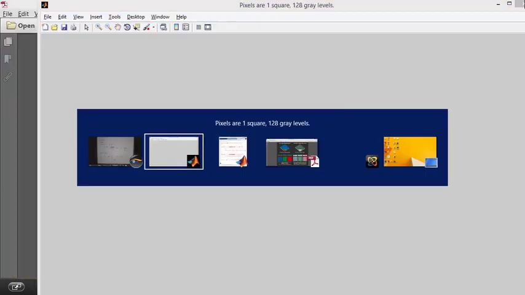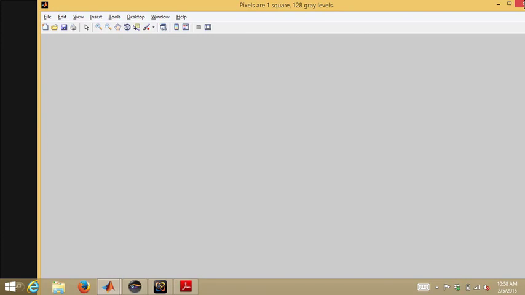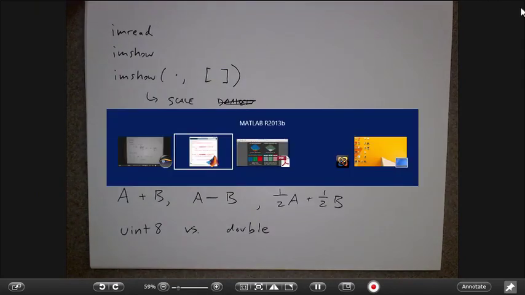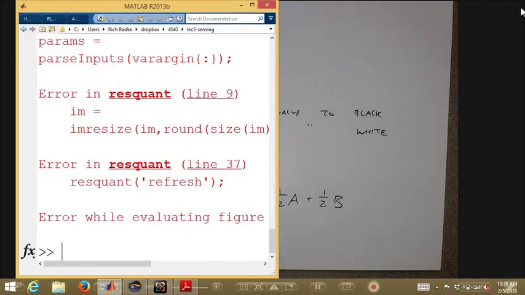So we can close this up. Okay, so actually this is a good time to think about how I would make an image. I think I did this last time, yeah, okay.